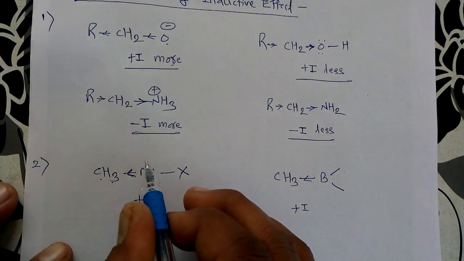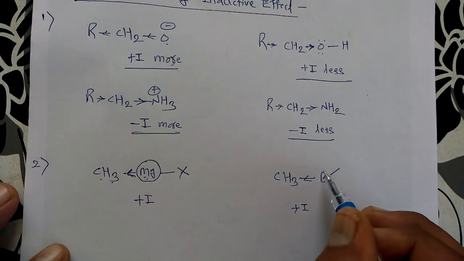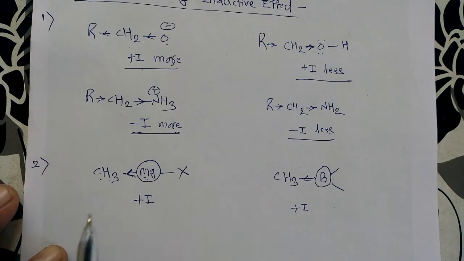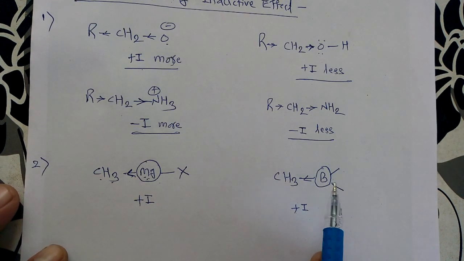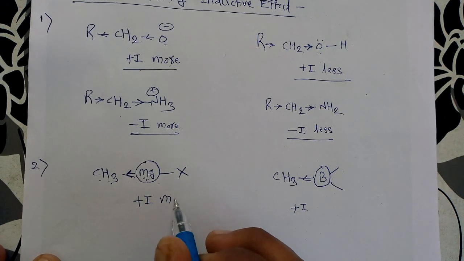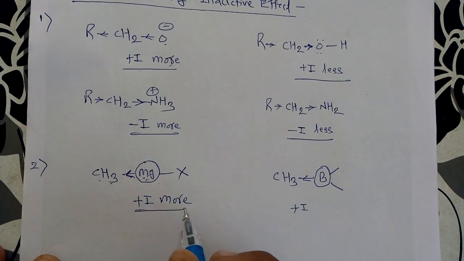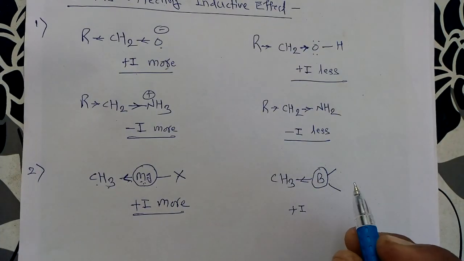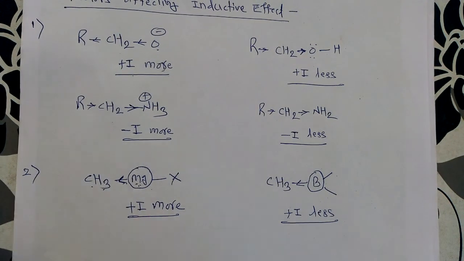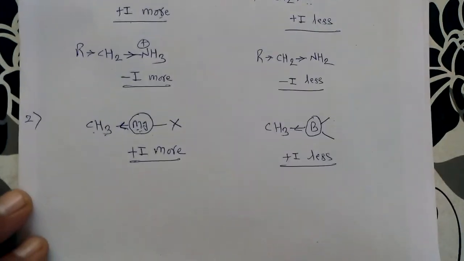So among this magnesium and this boron, which atom has less electronegativity? We know that magnesium has less electronegativity as compared to boron, and that's why the magnitude of the plus I shown by magnesium is more, while the plus I inductive effect shown by boron is less. So this is the second important factor which affects the plus I inductive effect.